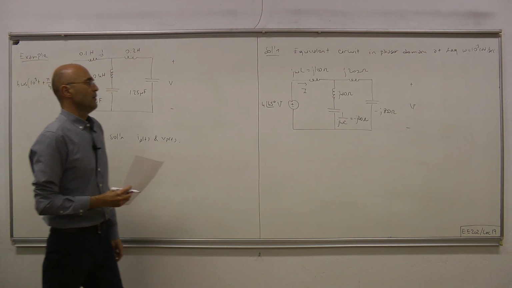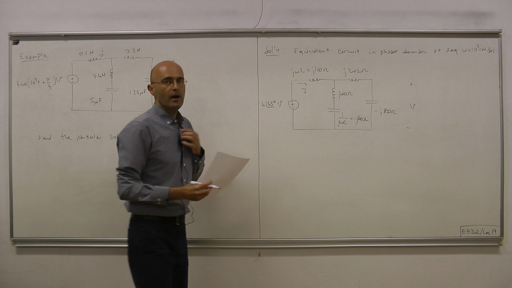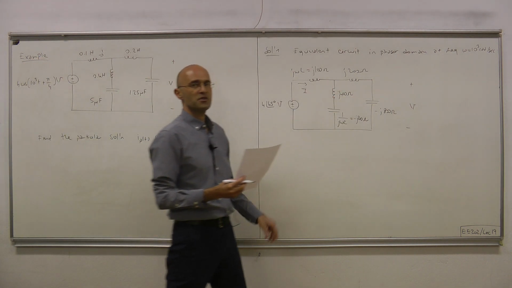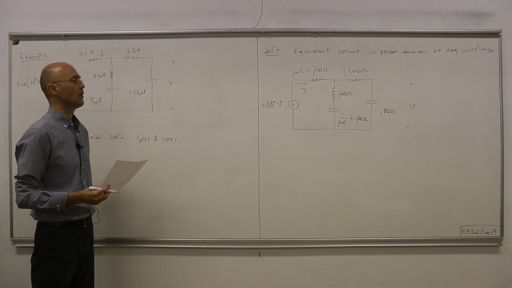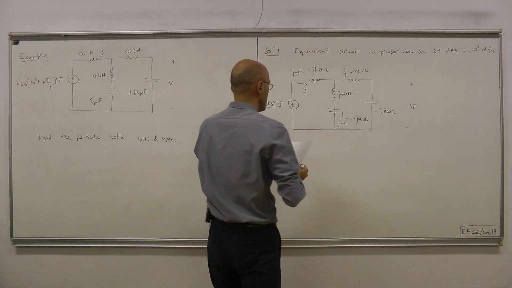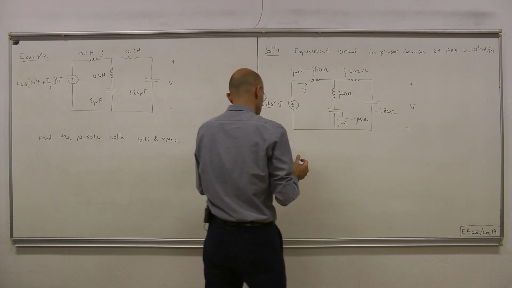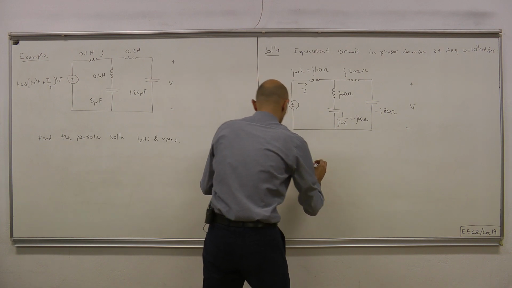Now let's simplify this circuit a little bit, which we can because there are a lot of connections that are either parallel or series. So a possible next step seems to be as follows.